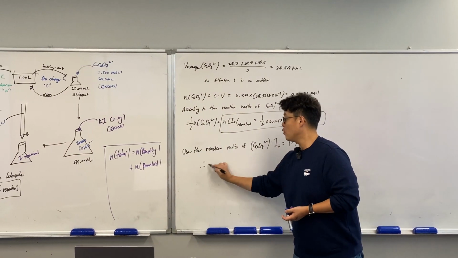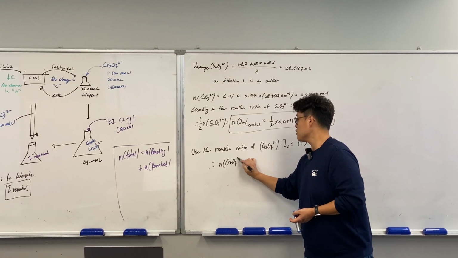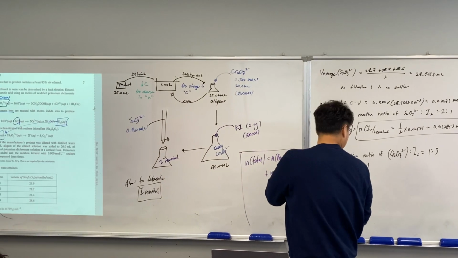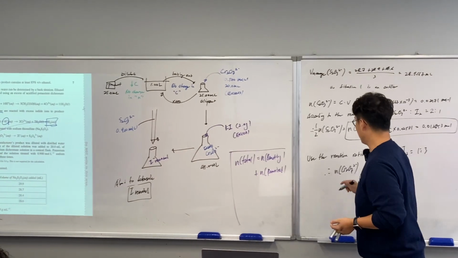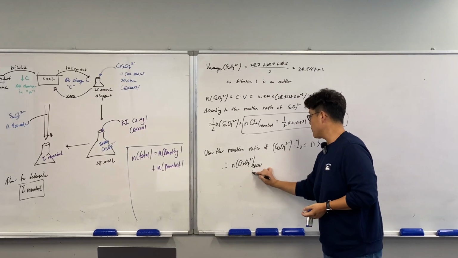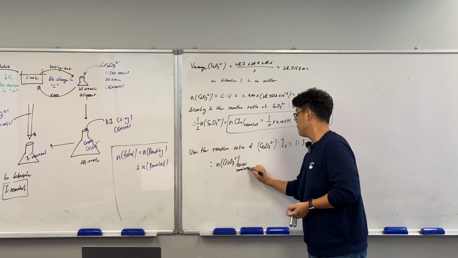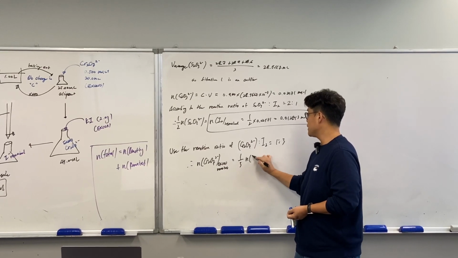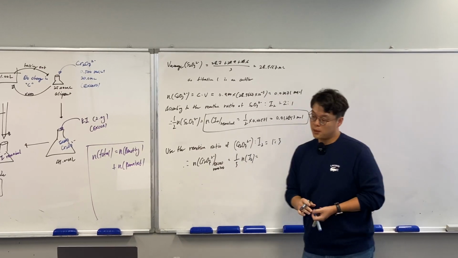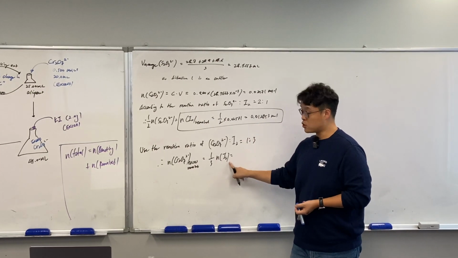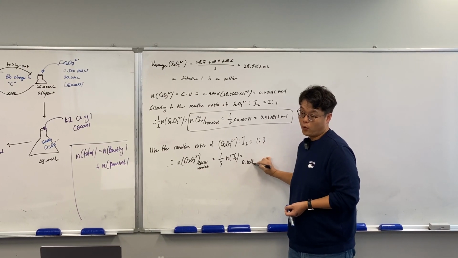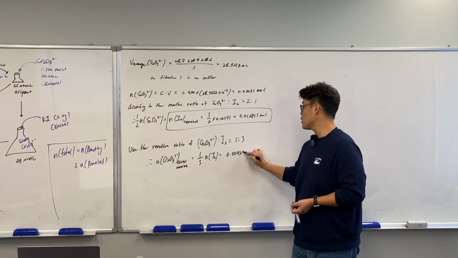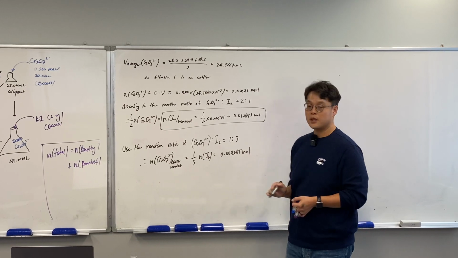Therefore n of the Cr2O7 2-, now this is the excess, so I'm going to write excess, or the remained. It's the same as 1/3 times the n of the I2 given. Then times these two values, you get 0.004285 mole.